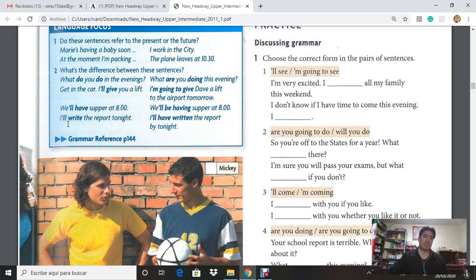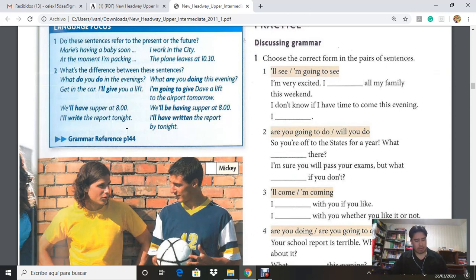In the fourth pair, I'll write the report tonight. In this case, we're using once again future with will to express a promise, something that we are committed to do at a specific time, in this case tonight. And the sentence that we have in front, I'll have written the report by tonight.